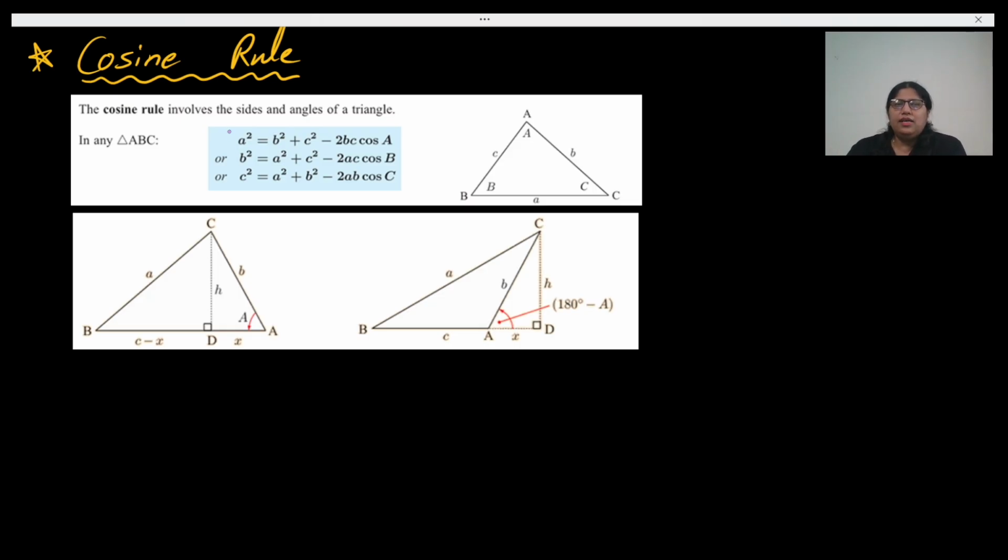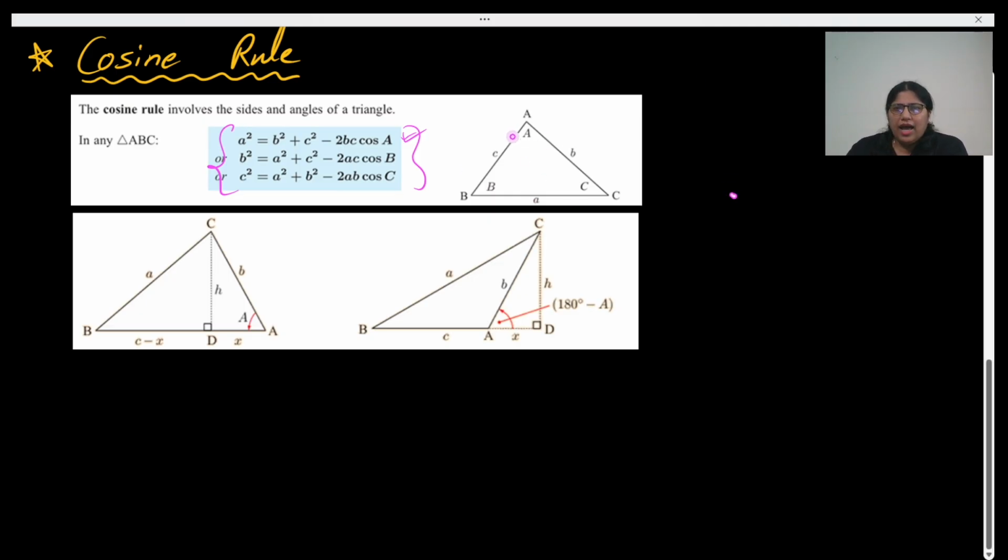Now you will see that these three rules, I can remember any one rule, then the other two you will get automatically. So whenever I am talking about angle A, angle A is the included angle between AB and AC. That means here C is there, here B is there.